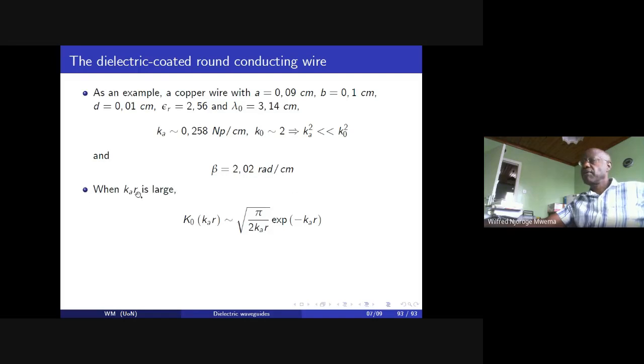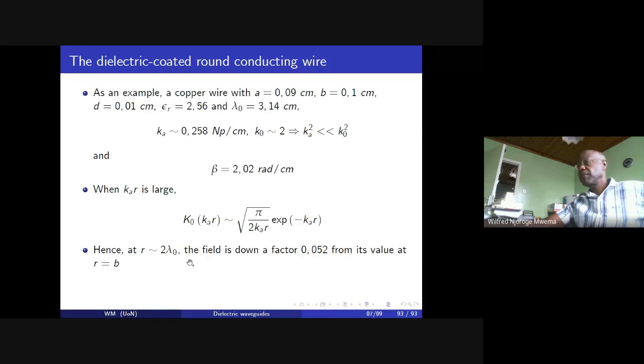So when Ka of r is large, we can always approximate the K naught Ka of r with that expression. We see it's a decaying exponential. And hence, at r equal to 2 lambda naught, the field will be down by a factor 0.052 from its value at r equal to b, and therefore we can see that it's becoming very, very small indeed.